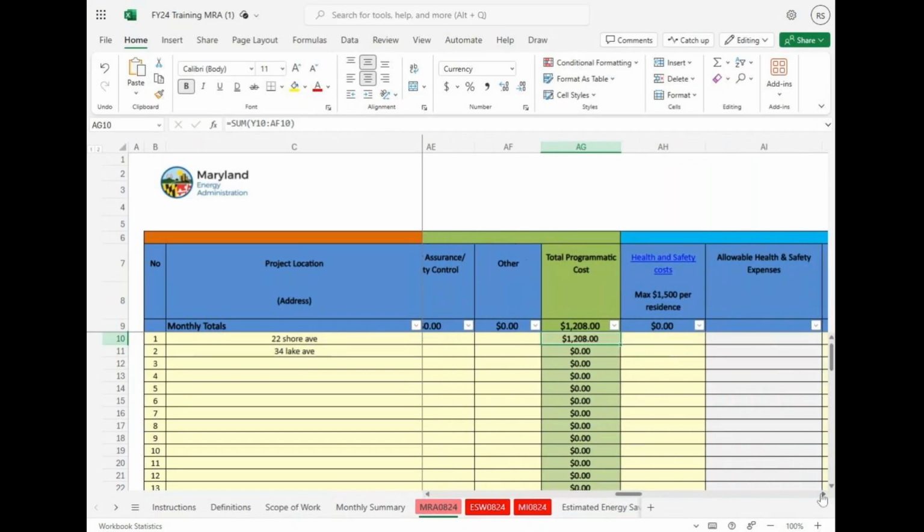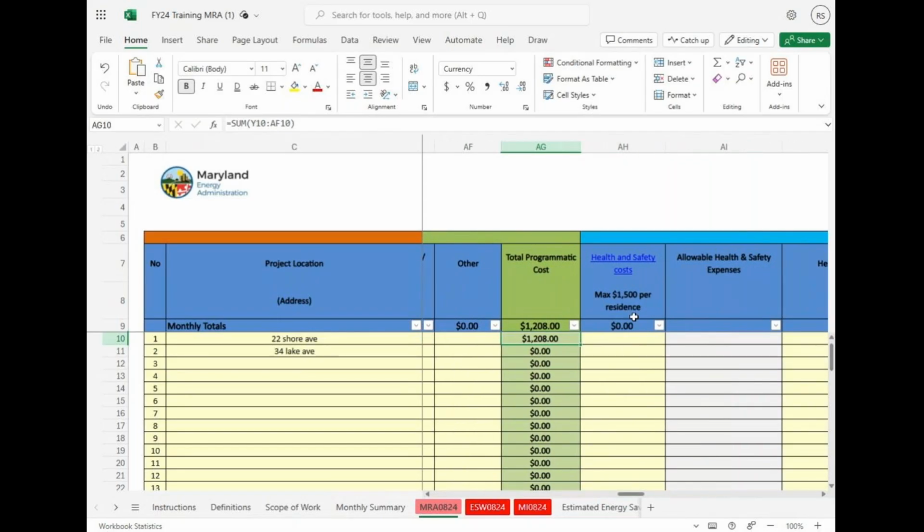And then we are going to switch over here to health and safety. It also lets you know that you can only have $1,500 per residence. If you go over, it is going to let you know with a red box that it is not accepted. So please make sure you look at the max number allowed and do not exceed that number.